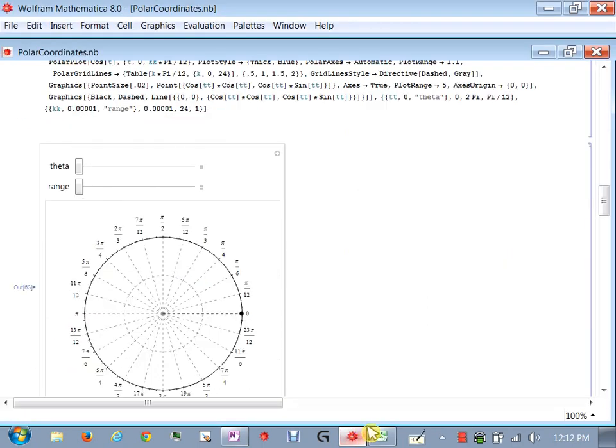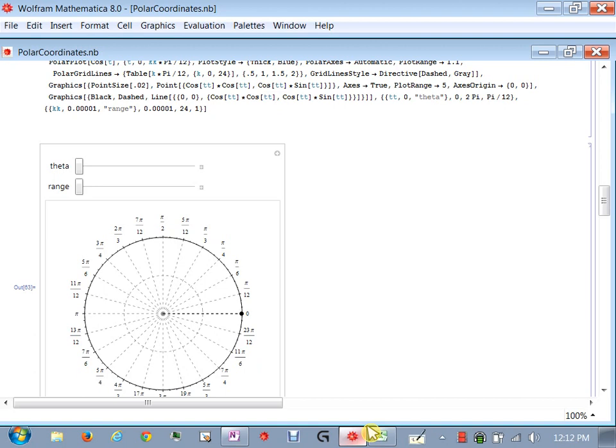What we're going to do is start plugging in some values. Help me out. This is theta, this is r. Give me a value of theta. How about 0? What's cosine of 0? It's 1, right? Do you all see that?